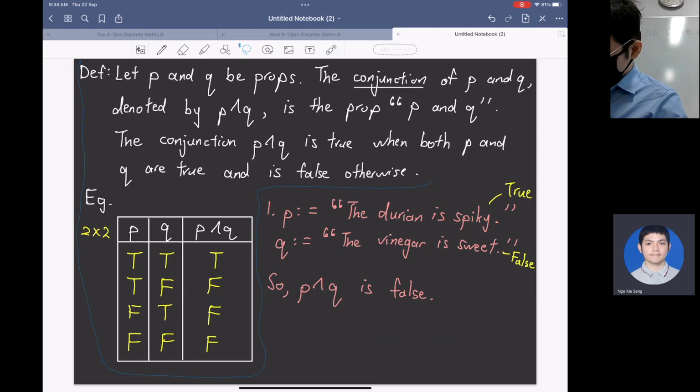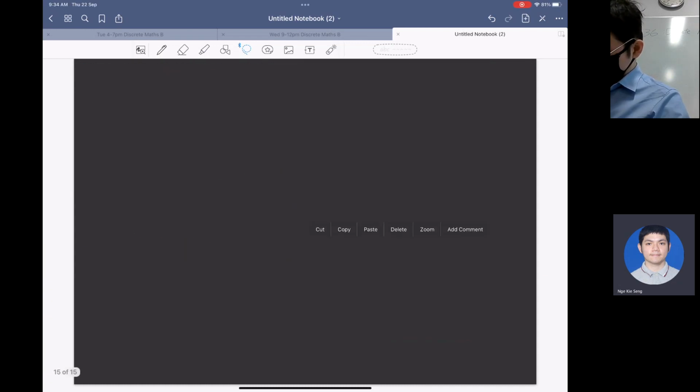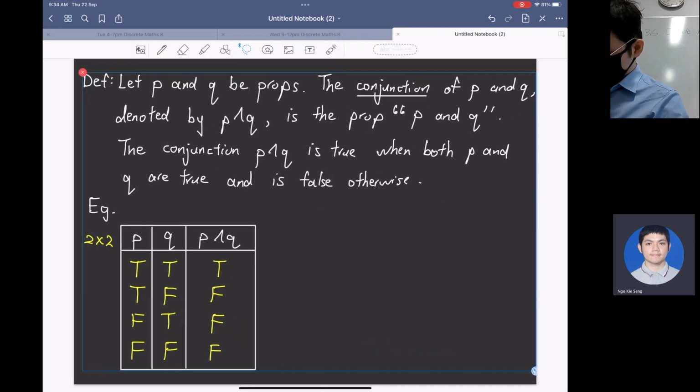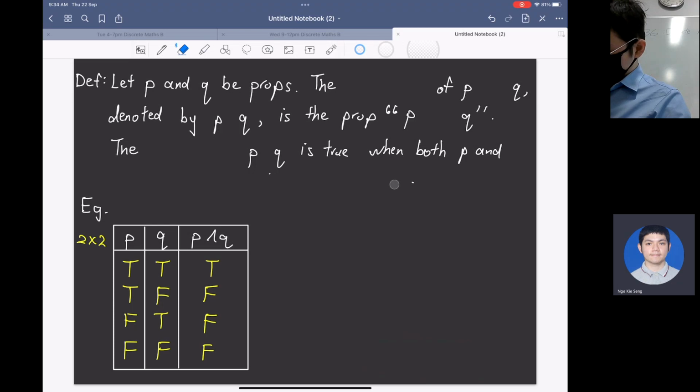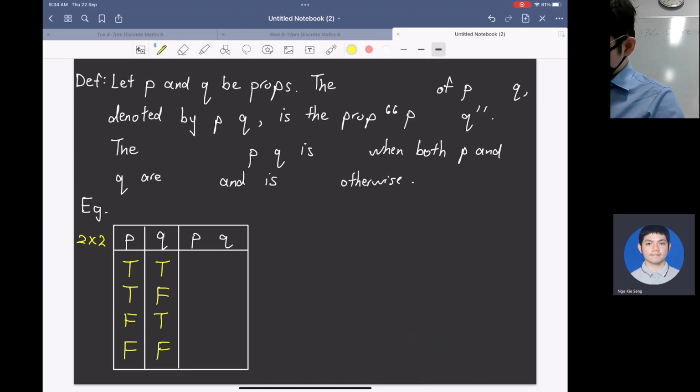Okay, next we will introduce OR. So OR here we call the disjunction.